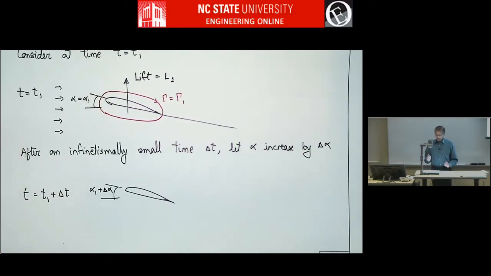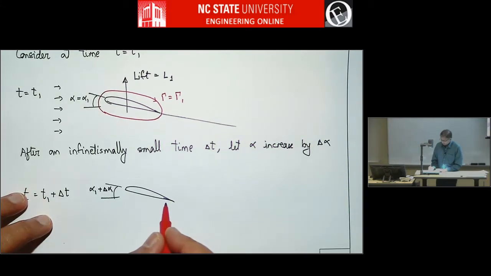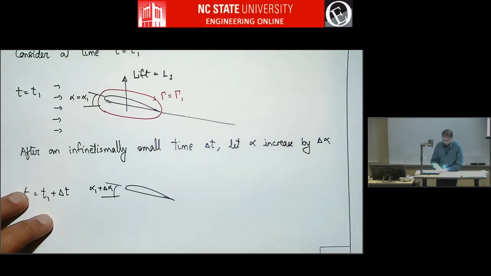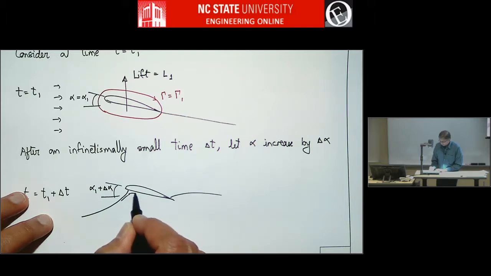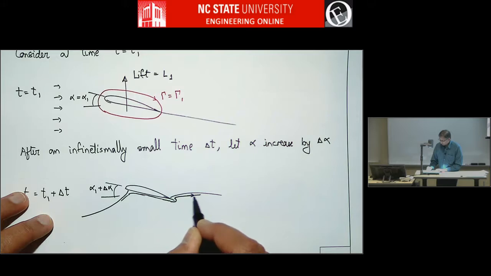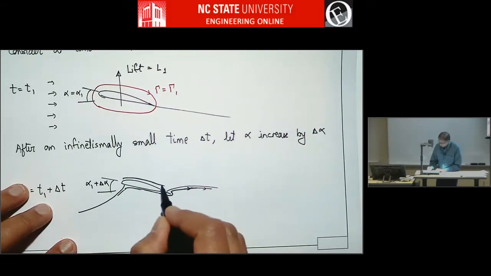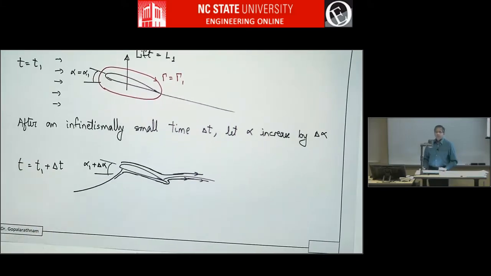So instantaneously the flow will not be satisfying the Kutta condition for a very small instant of time. So you might have flow like this. Because the angle of attack has increased, the Kutta condition may be violated. We are talking about a very small instant of time. And you might have flow like this.